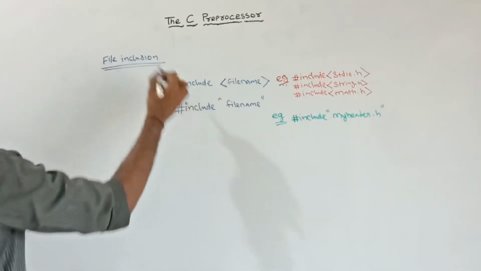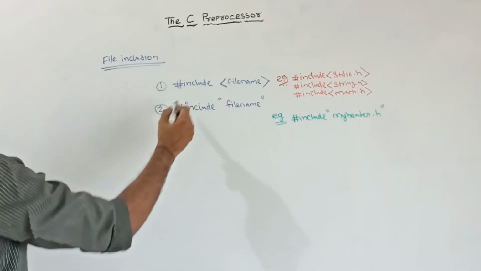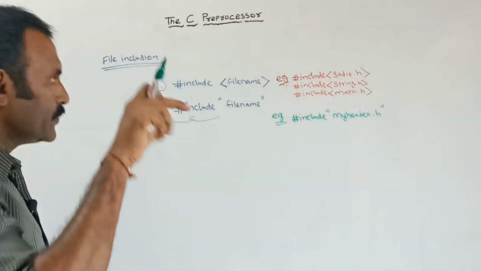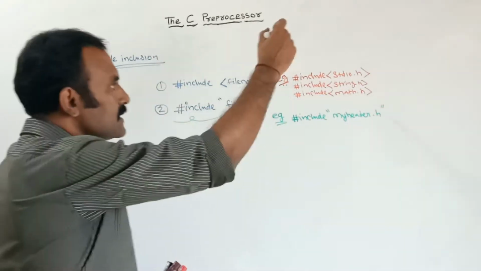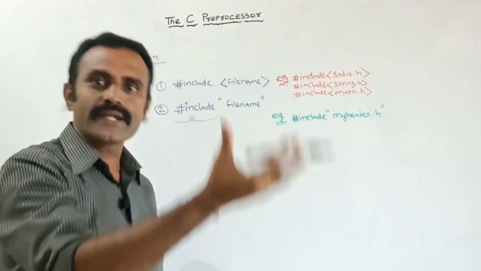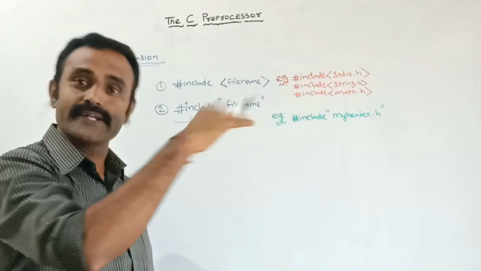This is the file inclusion syntax. This hash include directive is used to include the system header file and also the programmer's header file, that is, the user header file.